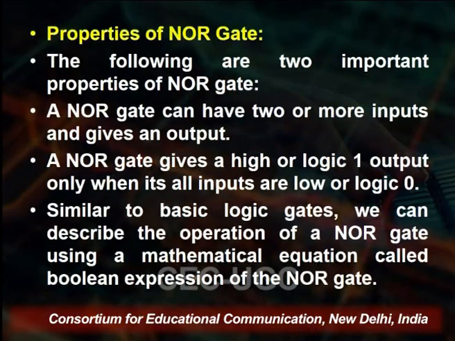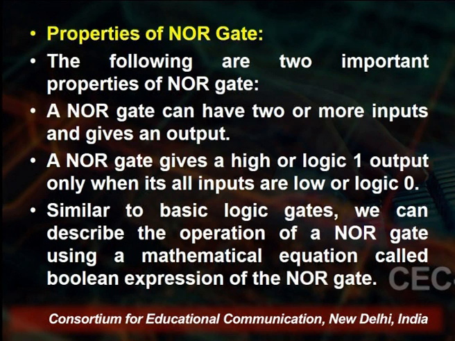There are several properties of the NOR gate, but we discuss two important ones. First, the NOR gate can have two or more inputs and gives one output. Second, the NOR gate gives a high logic 1 output only when all its inputs are low, or logic 0.